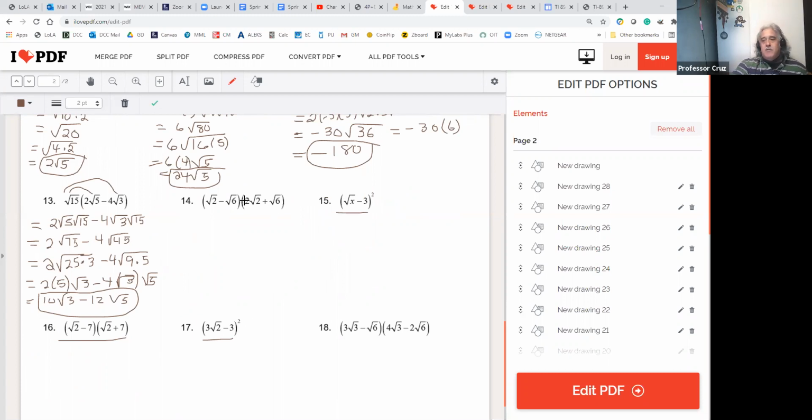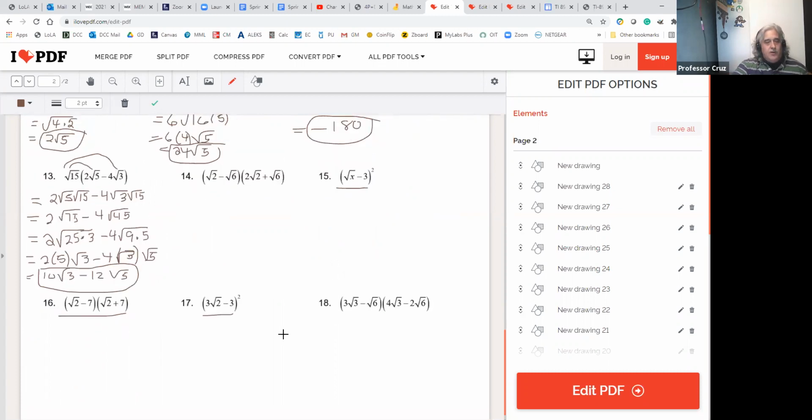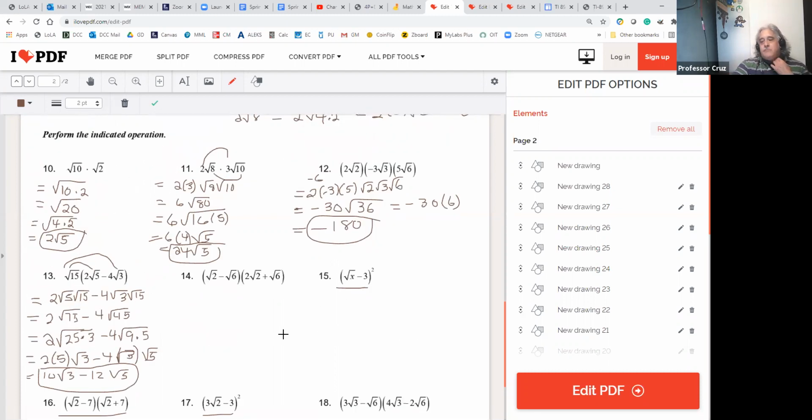But for all of these, 1, 2, 3, 4, 5, we can use the FOIL method. Some of these can be quite long if you use the FOIL method, which is why I'm going to show you on certain ones a little shortcut.